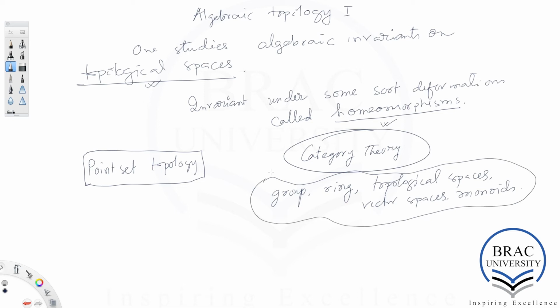Sometimes we come across mathematical structures that are apparently distant from each other. But category theory is a very powerful language that establishes the interactions between all these known structures.